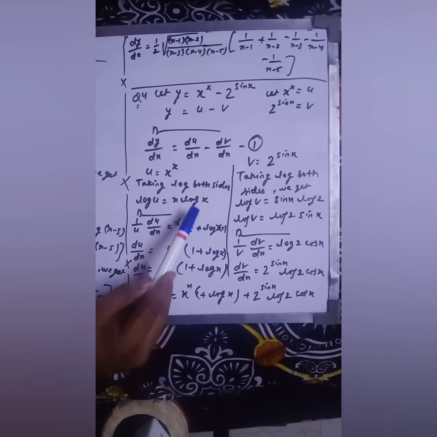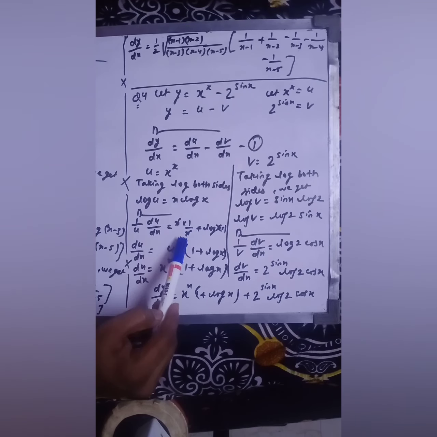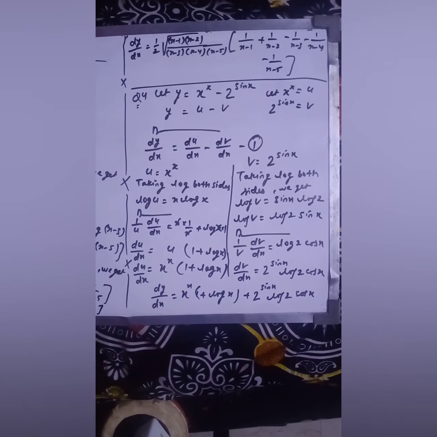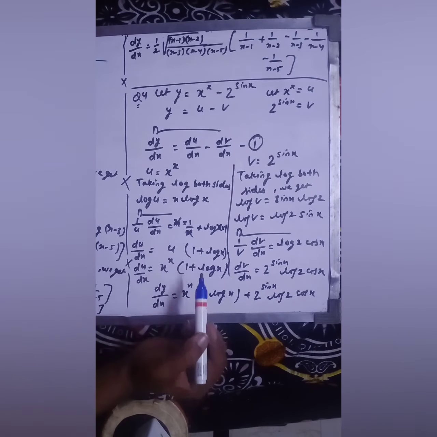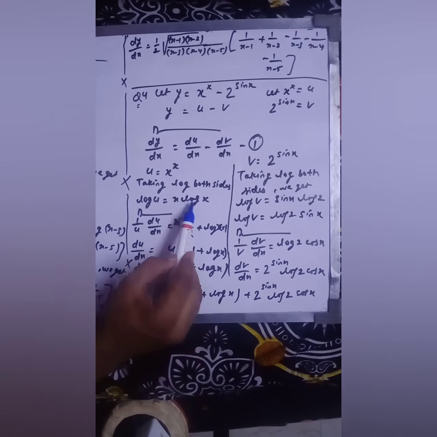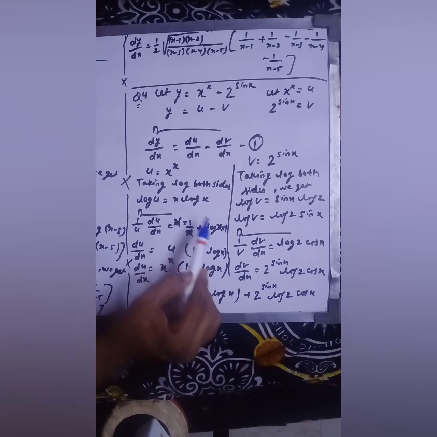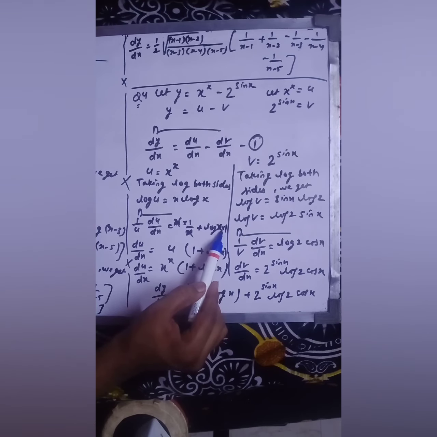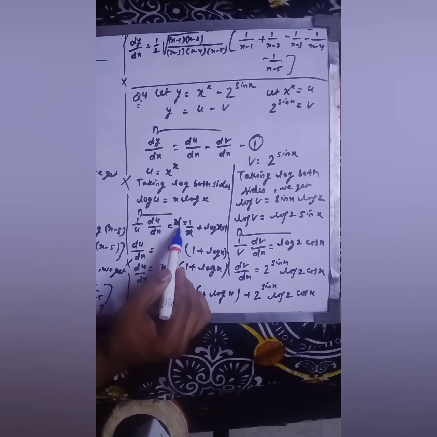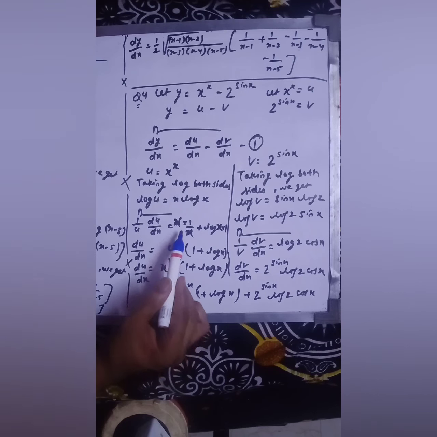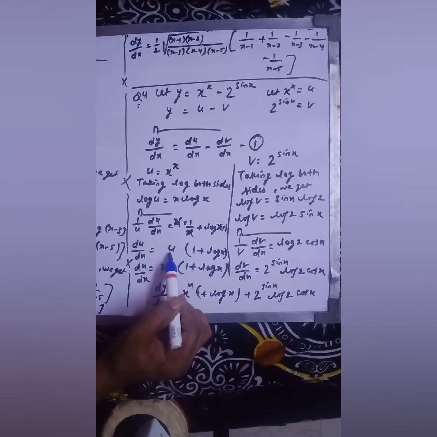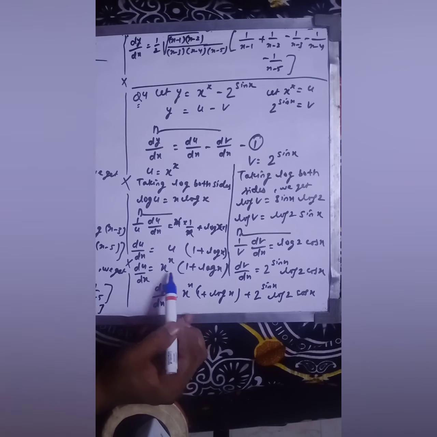So x into the derivative of log x, that is 1 by x. So x and x will cancel out. Plus log x will remain the same and the derivative of x will be 1. So here you will get 1 plus log x. The u will come on the right hand side, and then you put the value of u, that is x raised to power x. So this is the value of du by dx.